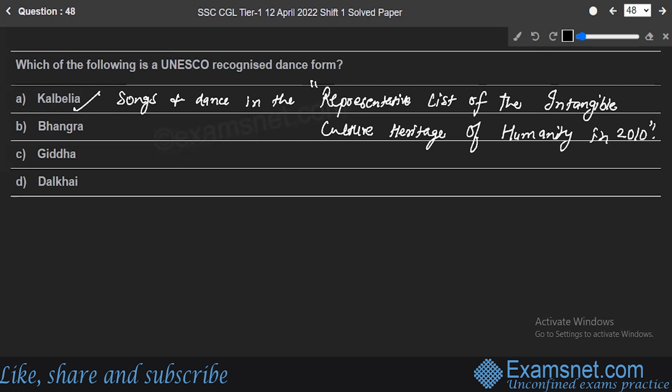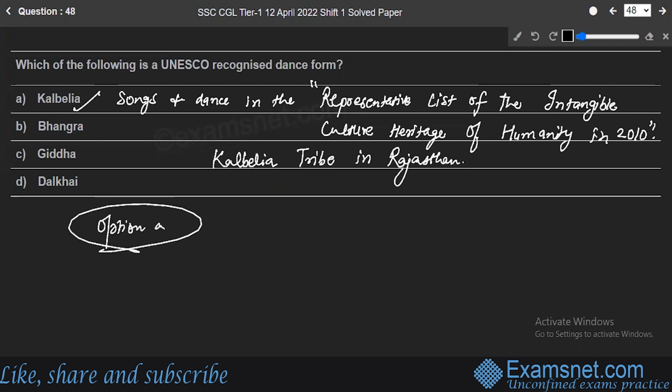This folk dance is performed by the women of Kalbelia tribe in Rajasthan. So option A is the answer to the question.